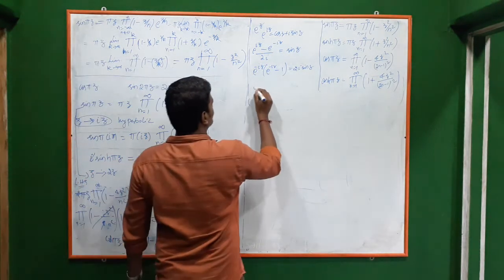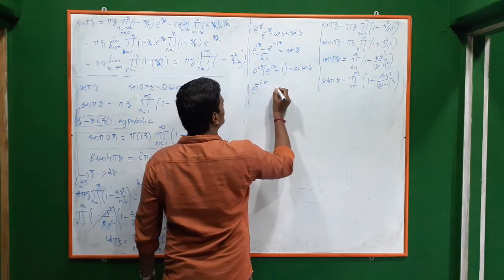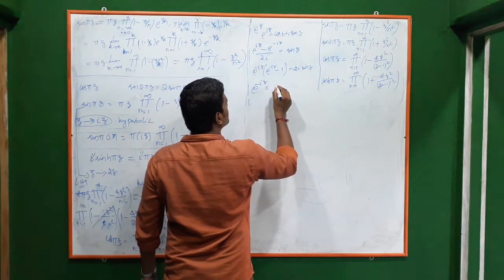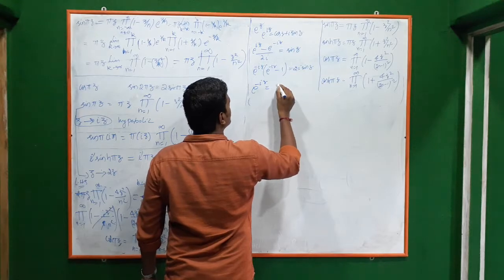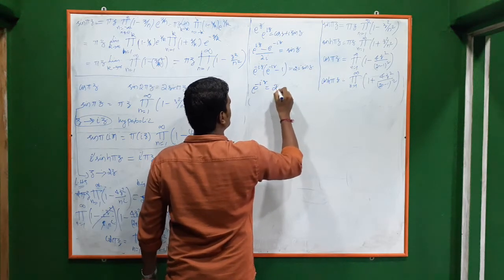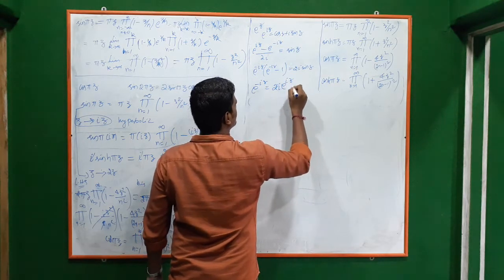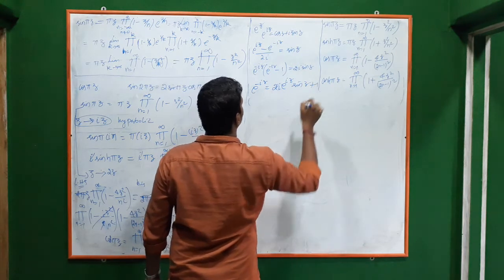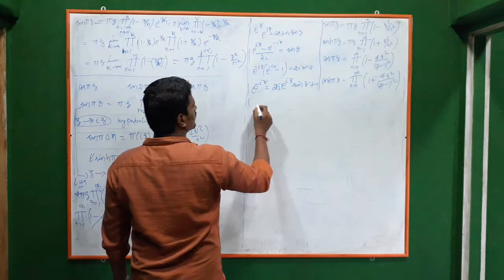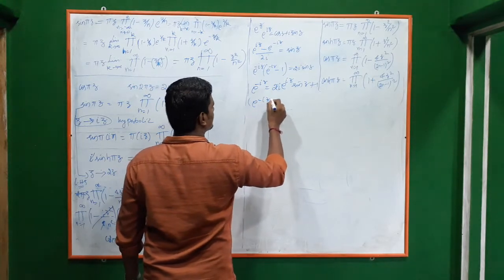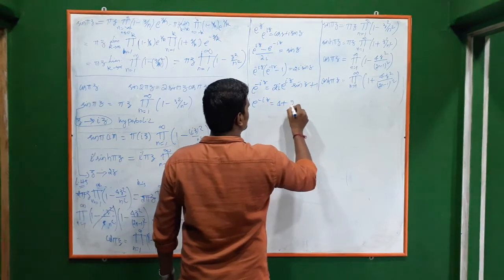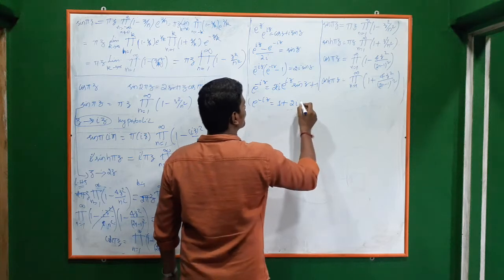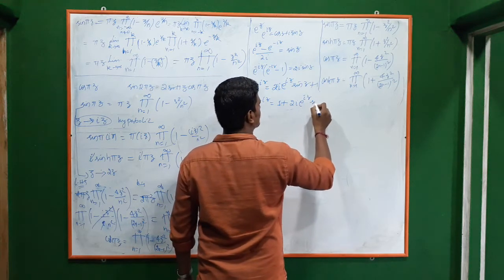Then this will be e power minus i z is equal to e power 2i e power i z sin z plus 1. Okay, this plus 1. So e power minus i z is 1 plus 2i e power i z sin z.